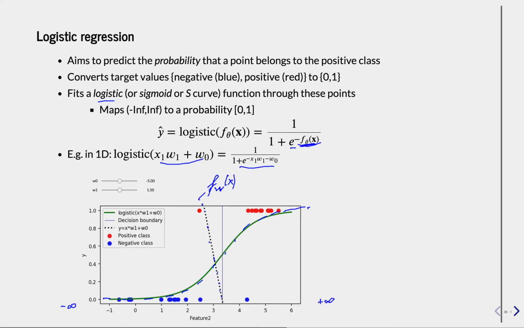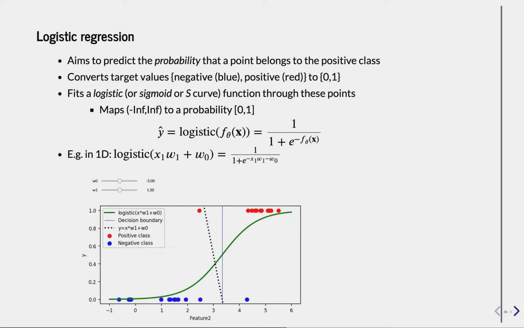The way that we learn, so we're actually still learning a linear model, only the loss function that we use transforms this first to another domain so we can make predictions about probability. But intrinsically, it's still a linear model.